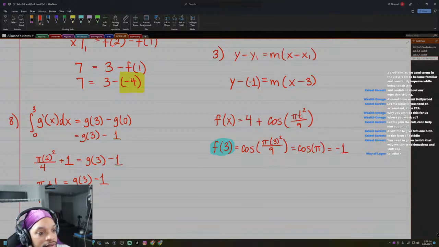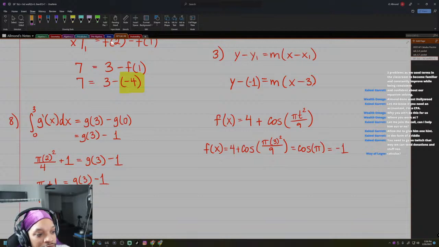So we just found the slope, right? No, we just found the y value whenever x was 3. So how do we find the slope? You have to take the derivative. Remember, f prime gives you your slope. Wait, so the derivative cancels out the integral, so it's just plugging in 3, right? I think you gave me the wrong function when you said cosine of something.